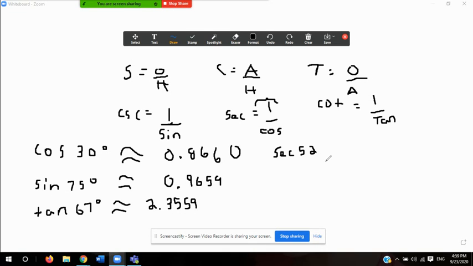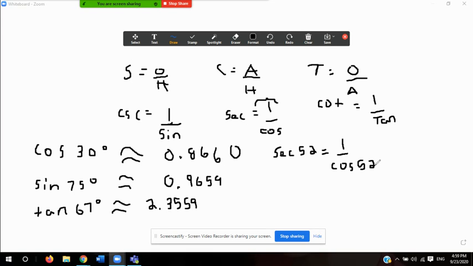So I simply say secant equals 1 over the cosine of 52. First I'm going to find the cosine of 52 in my calculator. It says to round to 4 digits, so I want to round my final answer.